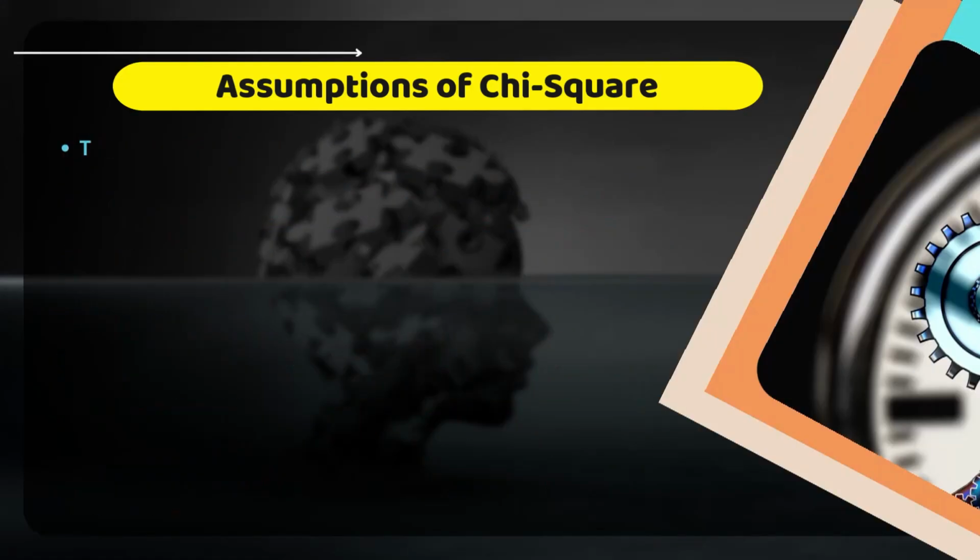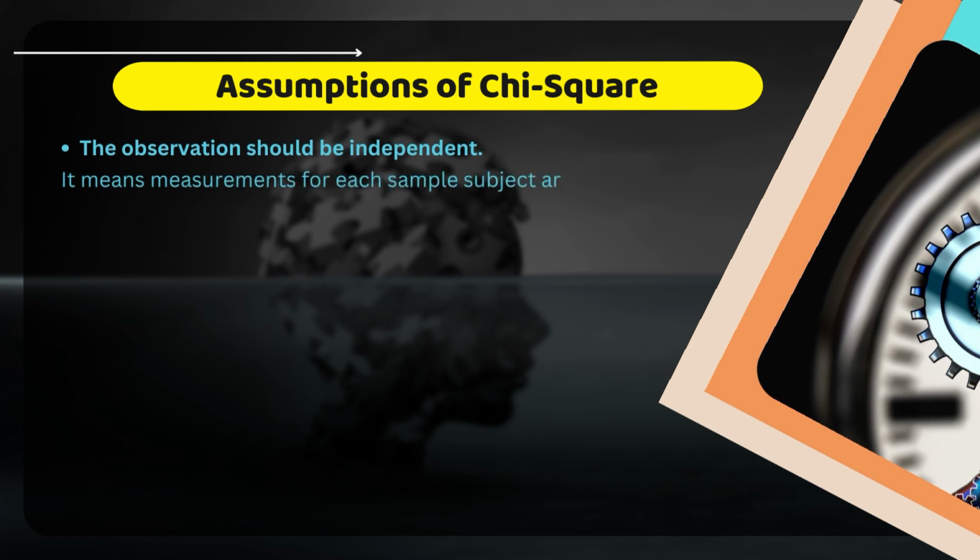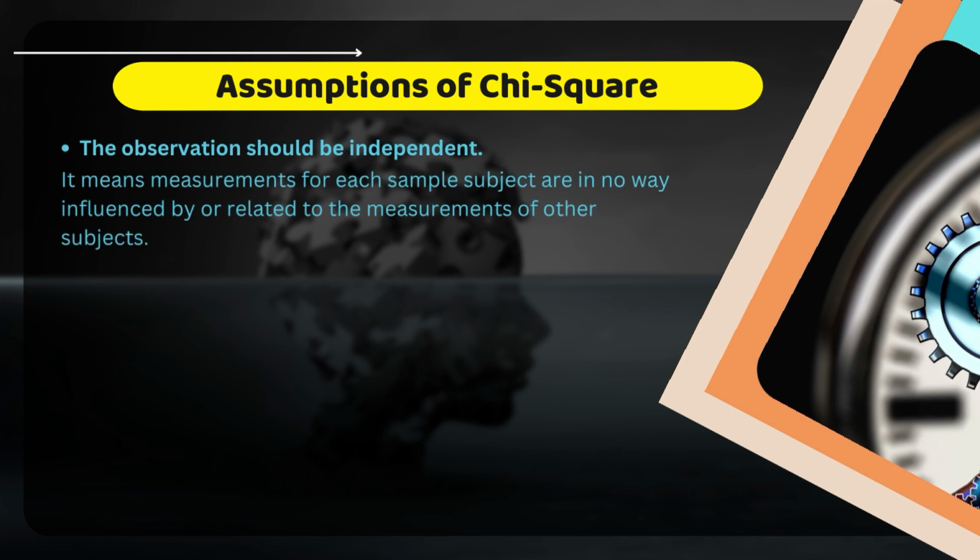Next assumption of chi-square is, the observations should be independent in nature. So, what does it mean by independent? It means measurements for each sample subject are in no way influenced by or related to measurements of other subjects.